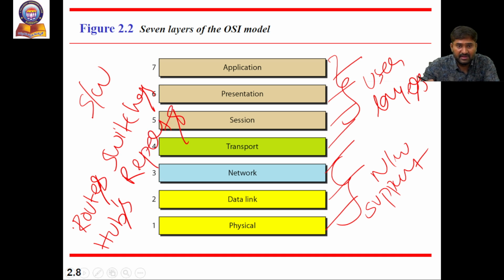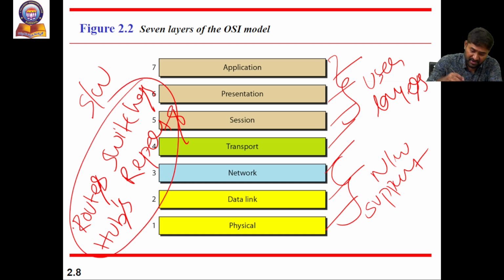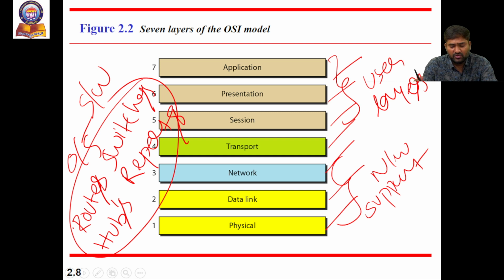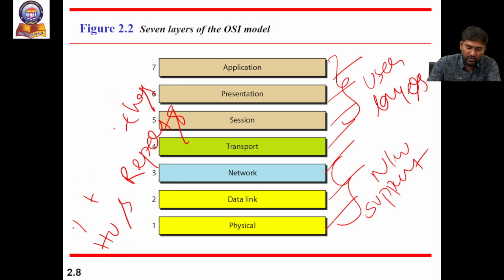These are hardware devices we use inside the network. To make all these devices work, we need some sort of operating system also. So the bottom three layers are a combination of hardware and software. We now go layer by layer.